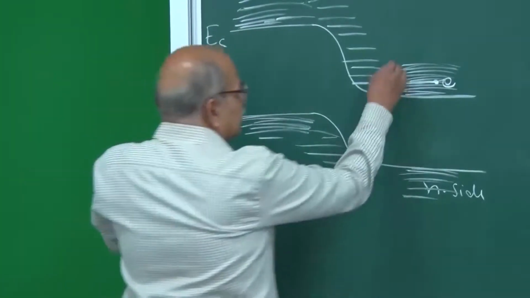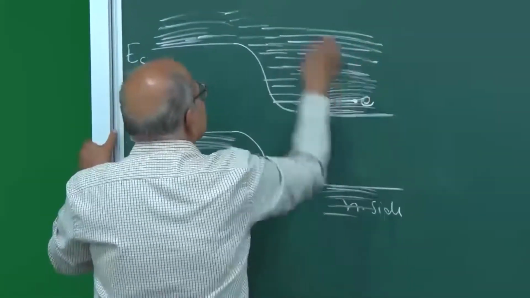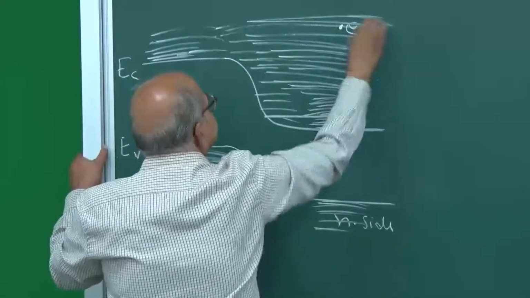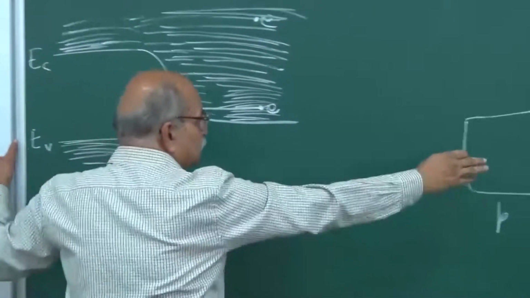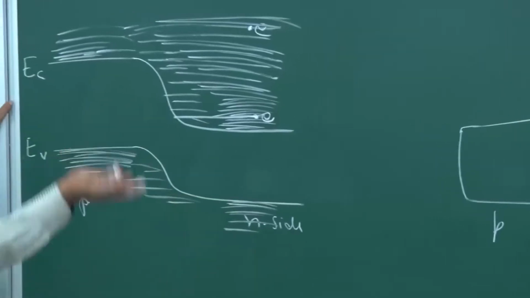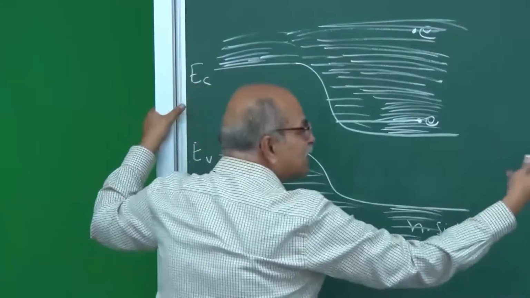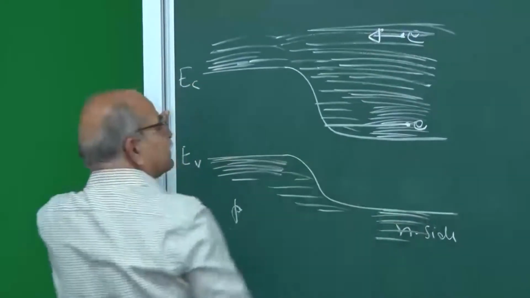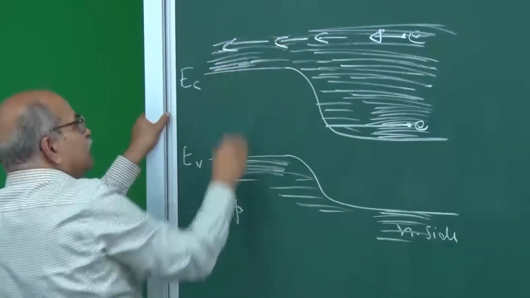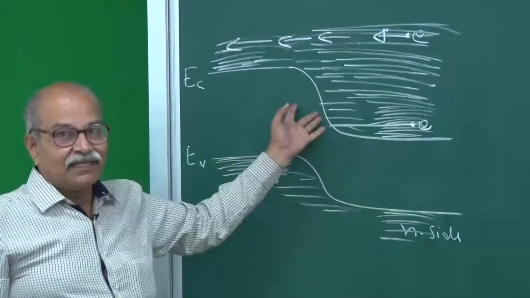But if you have an electron in this higher quantum state, again a conduction electron in the n side, but occupying a much higher quantum state, and it comes in this direction, then with that same energy it can completely go into the p side, it can cross the depletion layer.